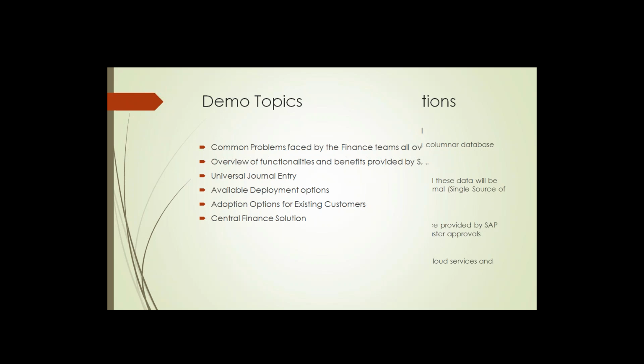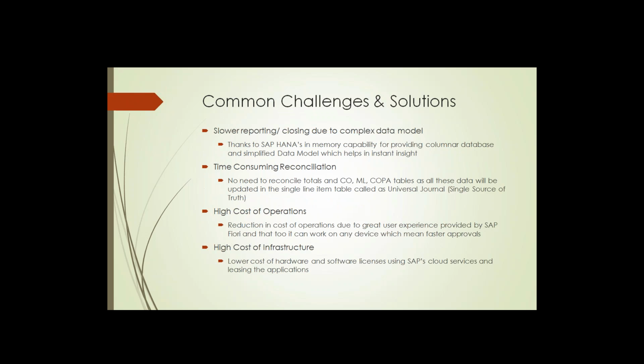Before starting, just to make you understand that when any technology comes into the market, let it be any technology, it will solve some of the problems that are being faced. So for example, why did SAP S/4HANA come into picture?